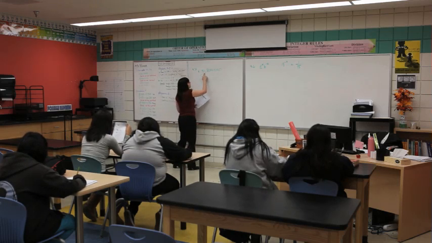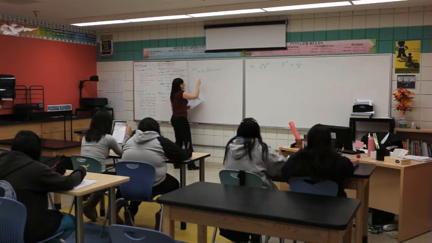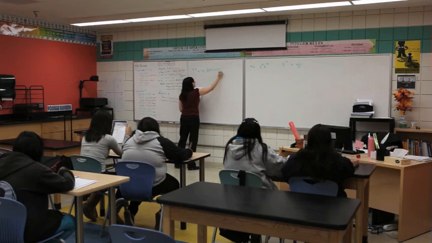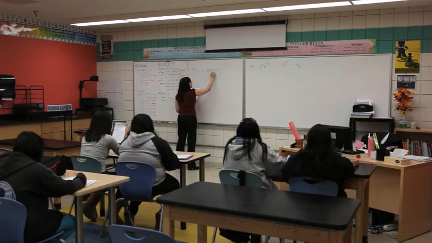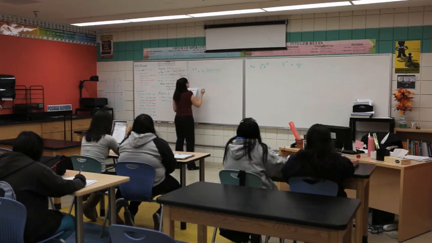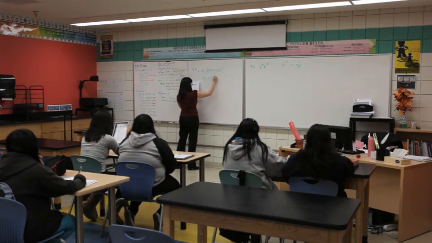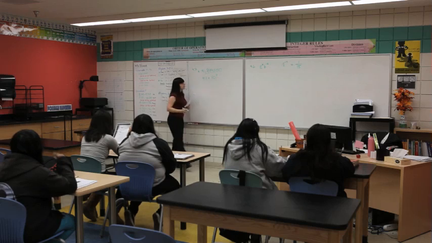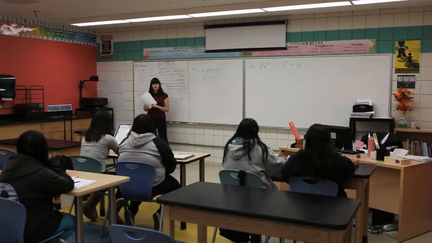So 41 million is where we're going to have the decimal. So we're going to move it right here. So 1, 2, 3, 4, 5, 6, 7. Is that correct? Yep. Okay, so 4.1 times 10 to the 7th is how that would be written in scientific notation.